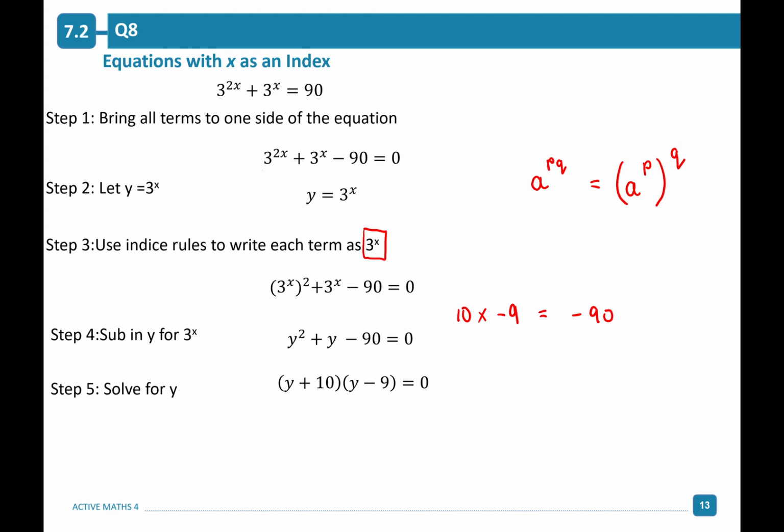Factorizing our equation, we have y plus 10 times y minus 9 equals 0. Take both of your brackets and put them equal to 0. That gives us y plus 10 equals 0 and y minus 9 equals 0. So y is equal to minus 10 and y is equal to 9.